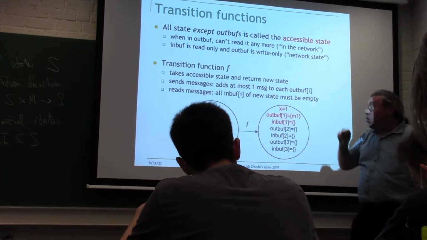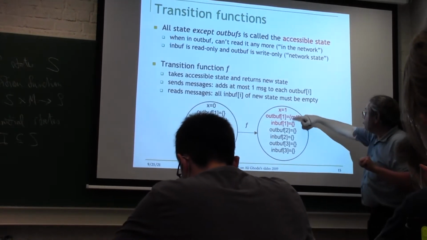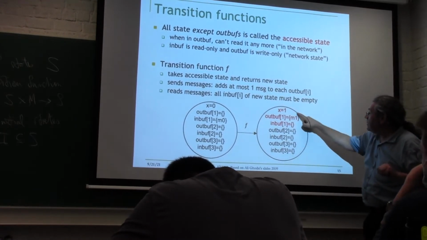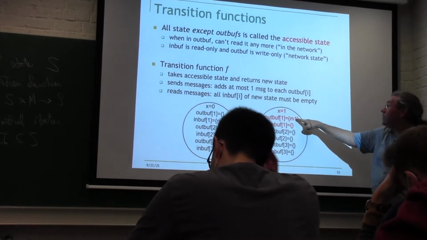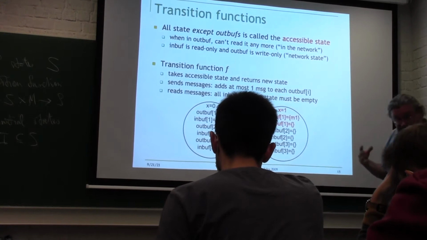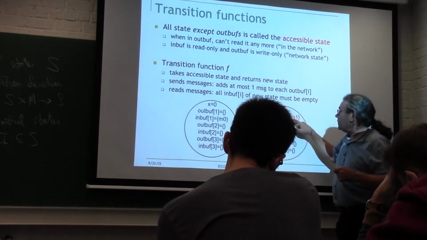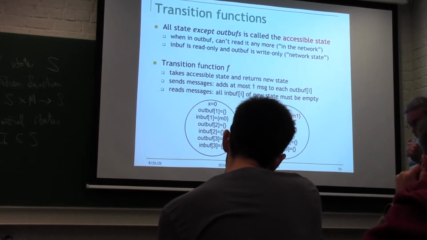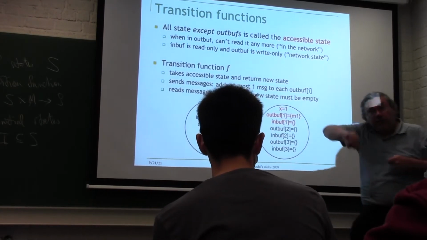I mean, I see it here, but in the model, the transition function will never be able to see this. The model is not as smart as me. And so the intuition is, when I send a message, it's in the network, and it's traveling in the network.